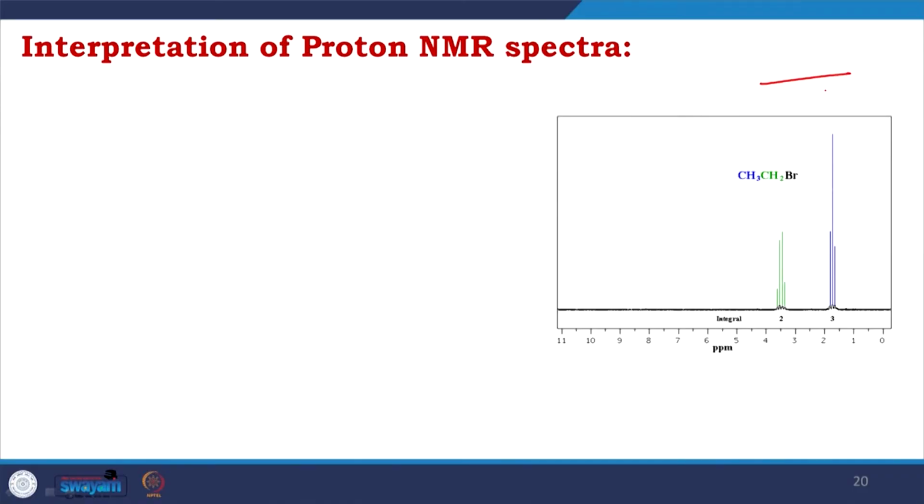So, if you want to draw, you have this graph in ppm. You know that you have one which is for methyl and one which is for CH2. Because it is 3, it would be higher, and this is relatively lower.